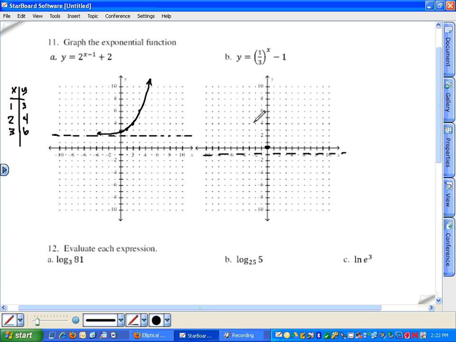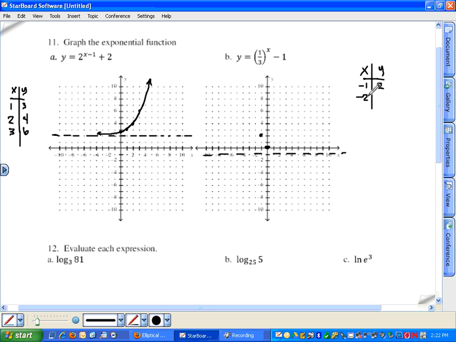So I want to choose x values on the left side of the y-axis so we can get a good idea of how the graph is decreasing before it eventually begins to level out. So for our x table, I'm going to choose values on the left side of the y-axis. If x is negative 1, 1/3 to the negative 1 is 3. 3 minus 1 is 2.